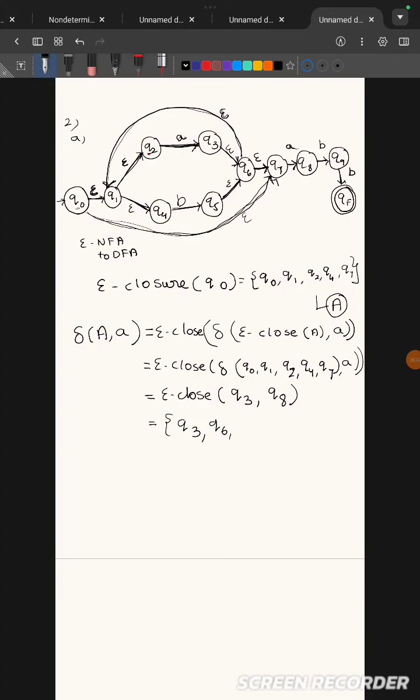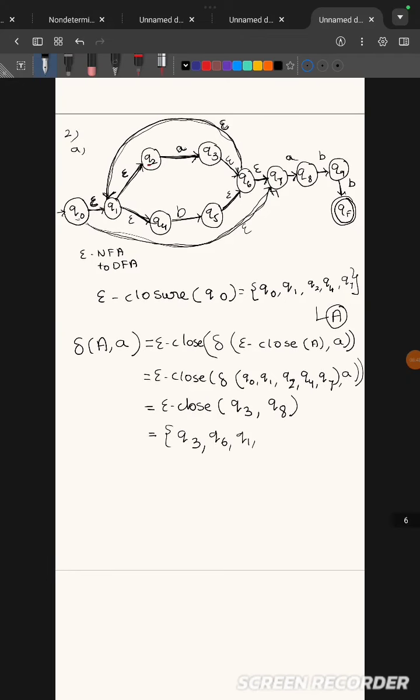Now Q6 is having a back loop to Q1. We already know Q1 is having epsilon transition to Q2 and Q4. Now for Q8, does it have an epsilon transition? No, it doesn't have any epsilon transition.